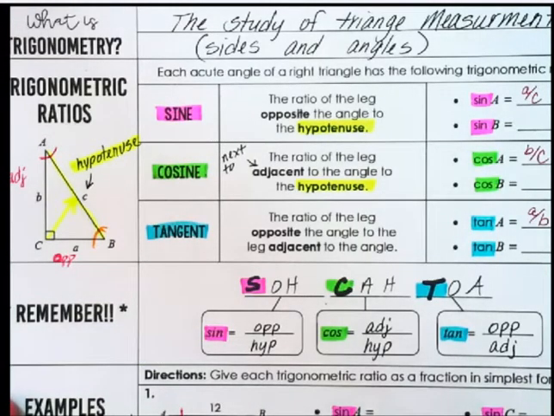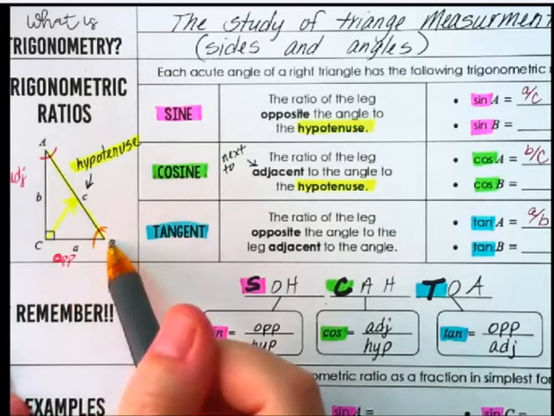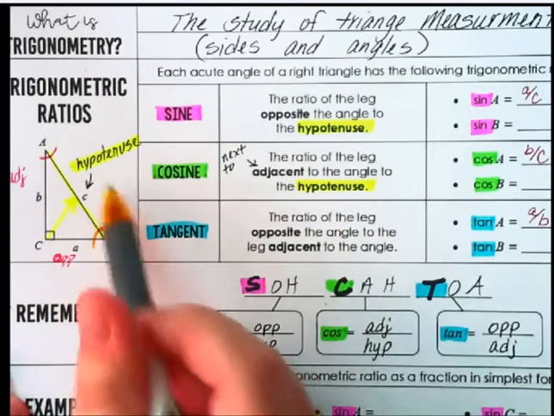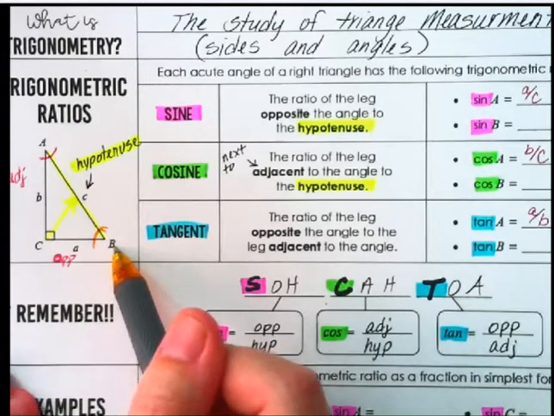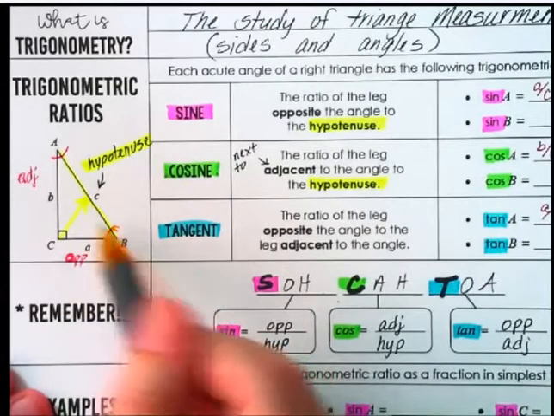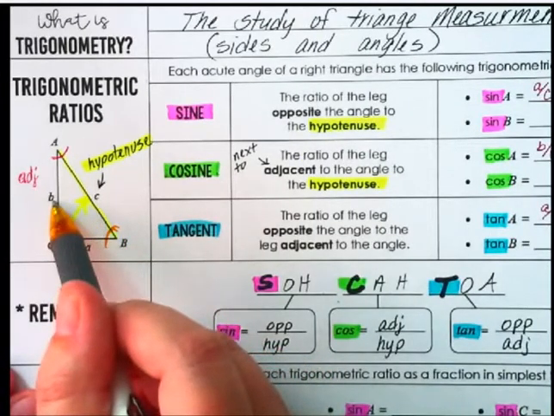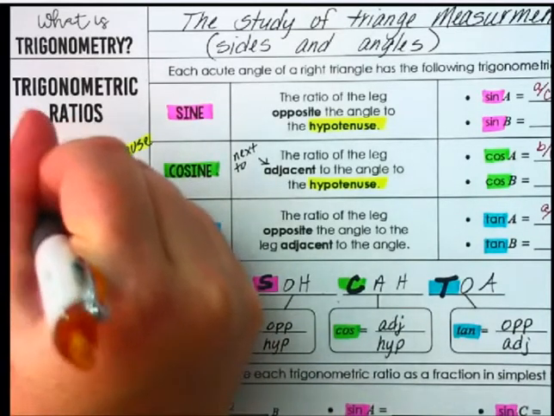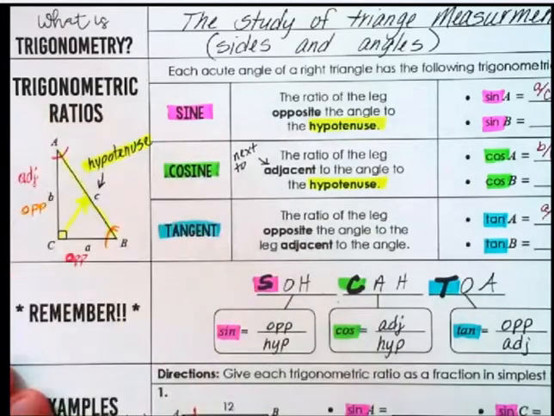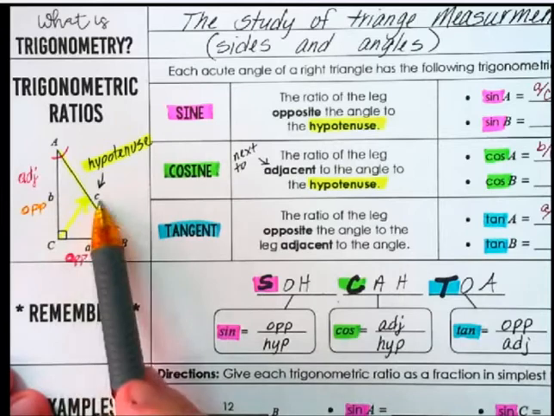Right now I'm going to do my orange sides, or angle B. So now I'm working with a different angle. The hypotenuse is still the hypotenuse, but what is now the side opposite this angle? Opposite this angle is this side B. So this is opposite the orange angle, and that's hypotenuse.